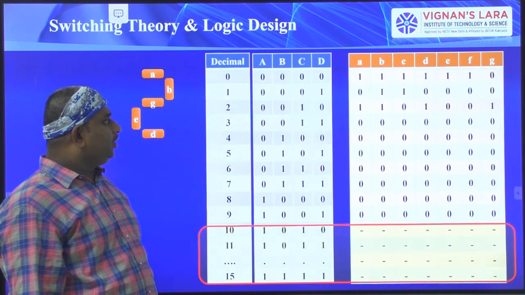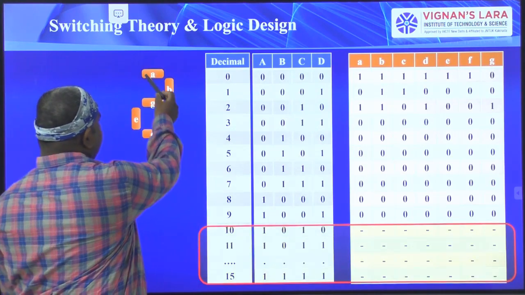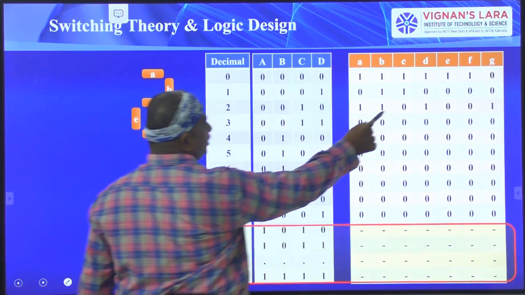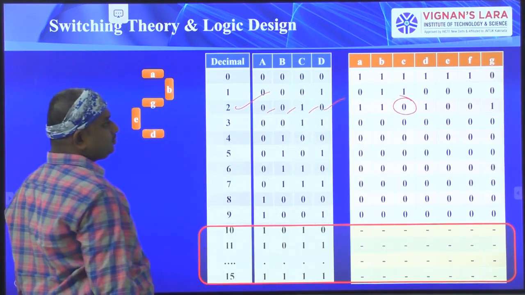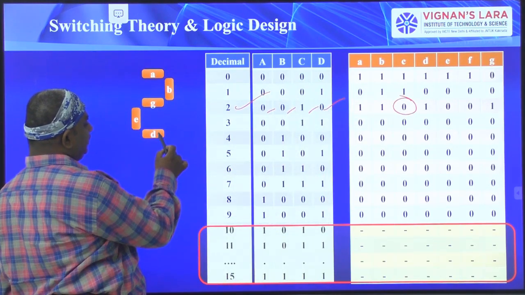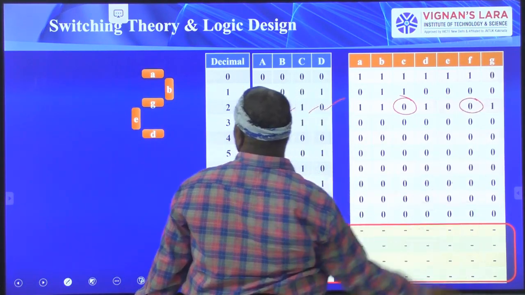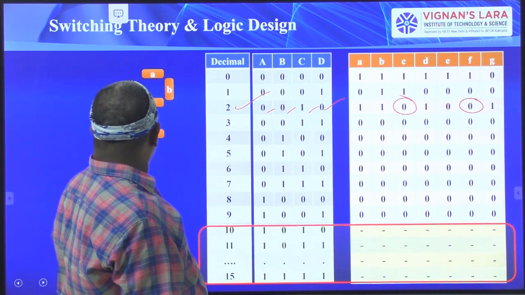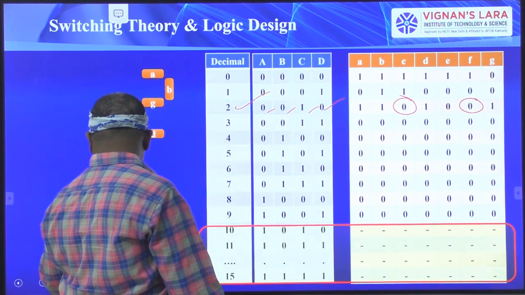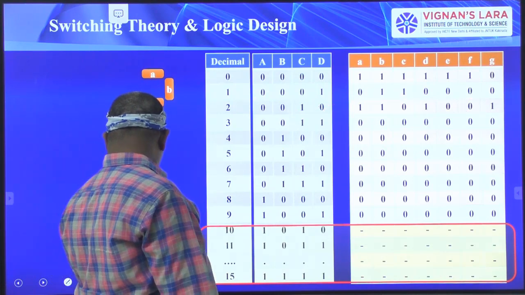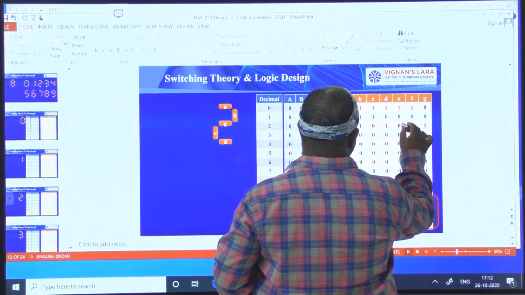Next, coming to 2. For 2, C is going to be off in this combination, and F is also going to be off. See here, we made a mistake. E is there, but we have not represented it here.